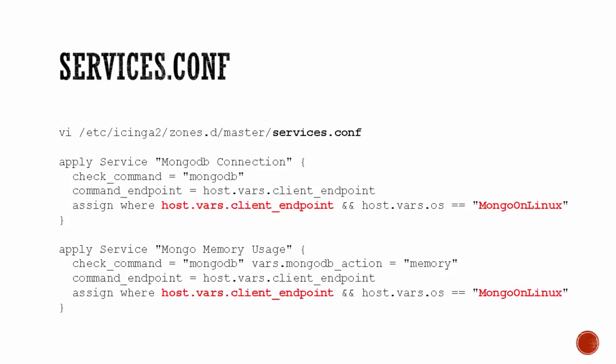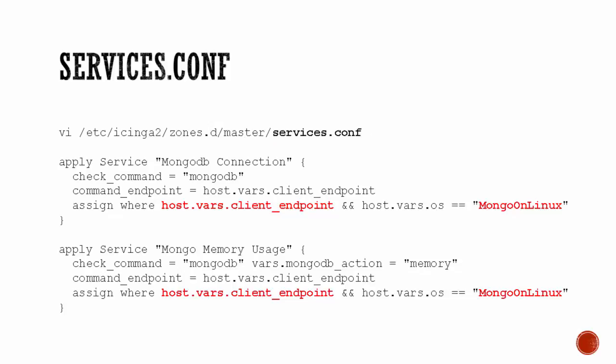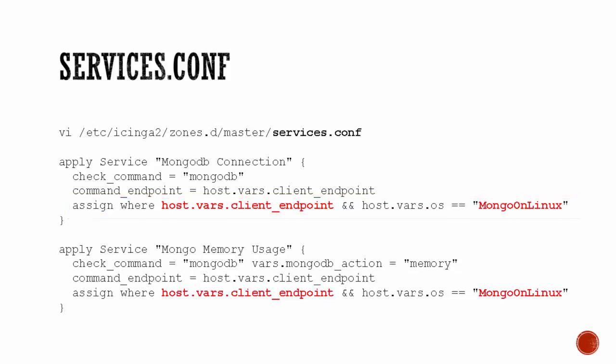Now, we define what all services we will be monitoring in the services.conf file. In this example we tell it to apply service Mongo connection to all the hosts that are endpoints and vars.os parameter set as Mongo in Linux. By default, the mongodb command checks connectivity to MongoDB.